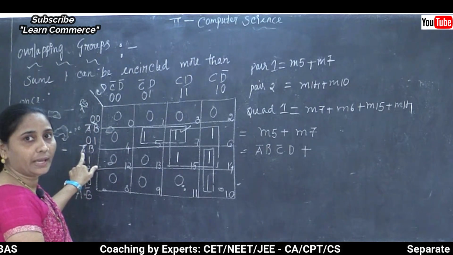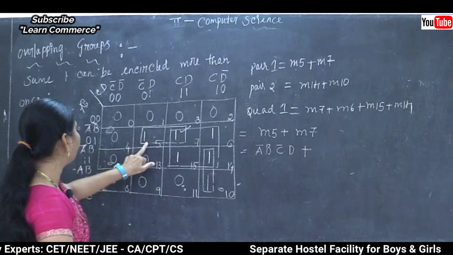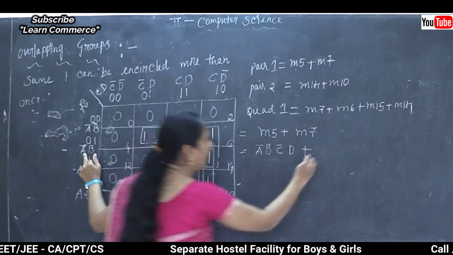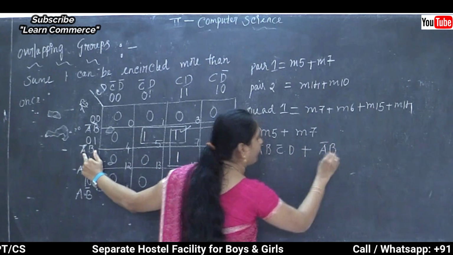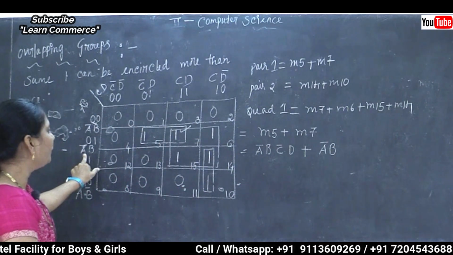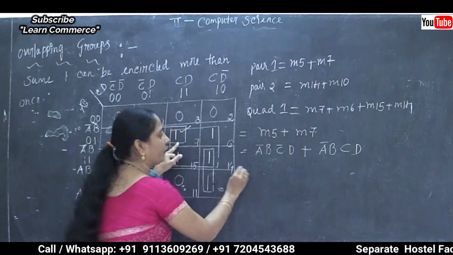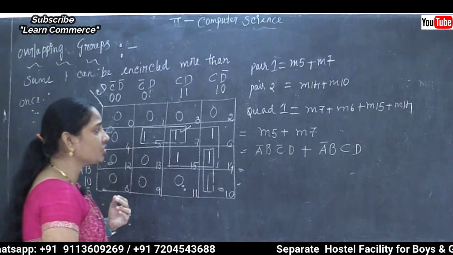Left is complement A, B and the top of the 5 is complement C and D. And for 7, the left value is complement A, B and the top side value is C, D.